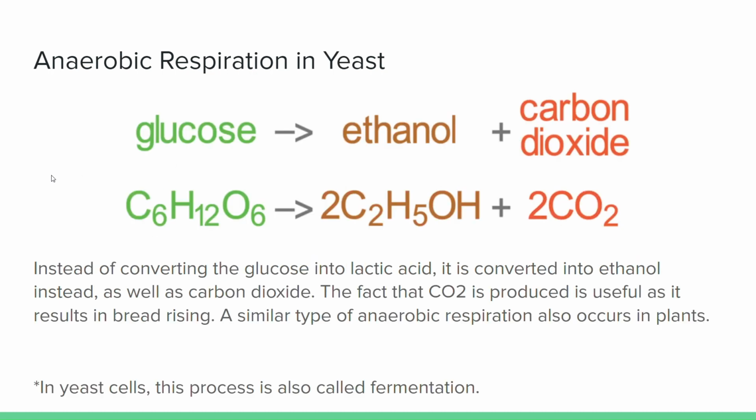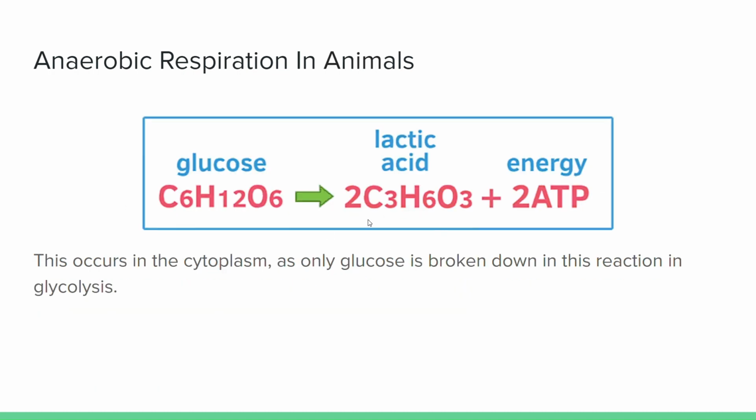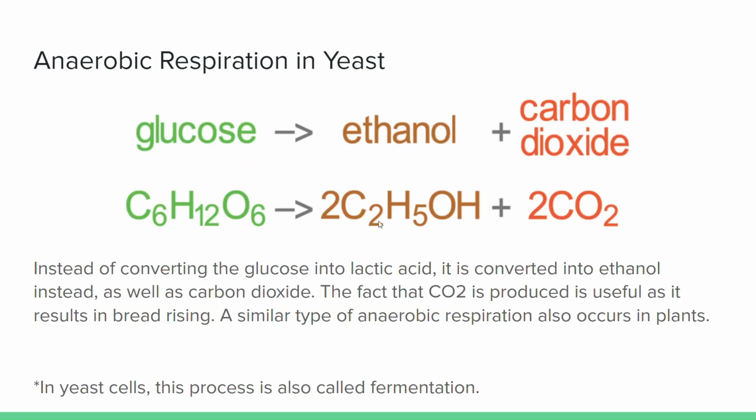Anaerobic respiration in yeast, for example. Instead of converting glucose into lactic acid, as shown here, it's converted into ethanol and carbon dioxide. And the fact that CO2 is produced is useful, as it results in bread rising.